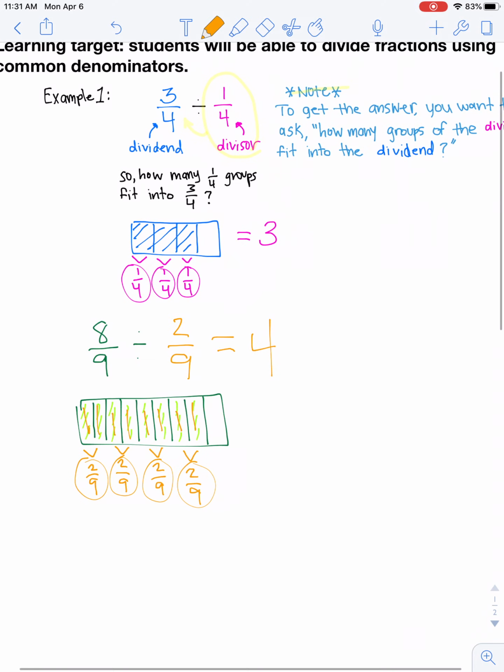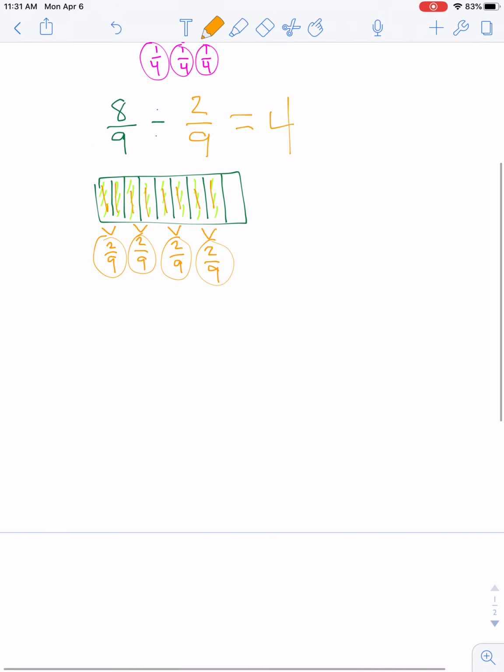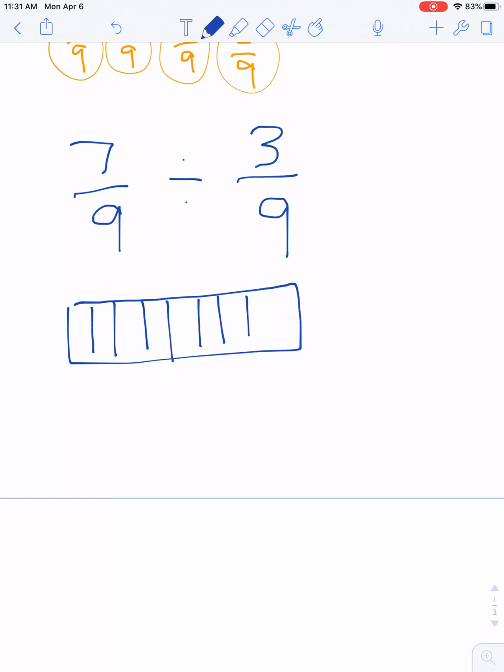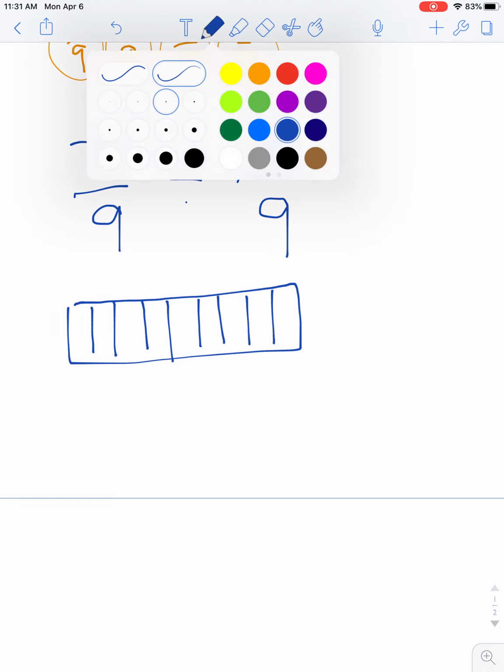Okay, I have another example for us. Let's try 7/9 divided by 3/9. So I'm going to have my bar of 9 again. 1, 2, 3, 4, 5, 6, 7, 8, 9.